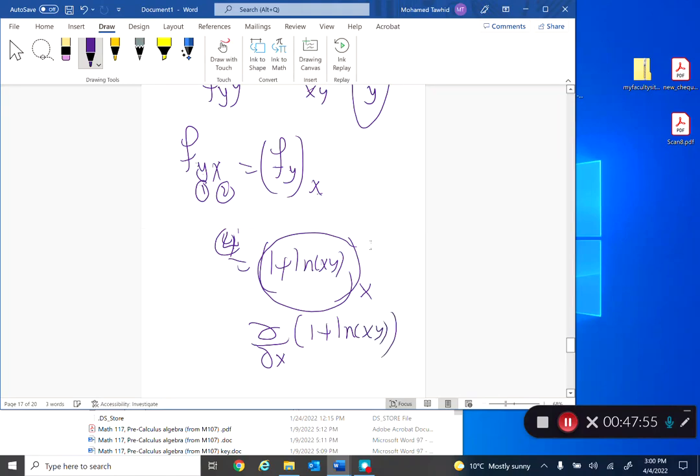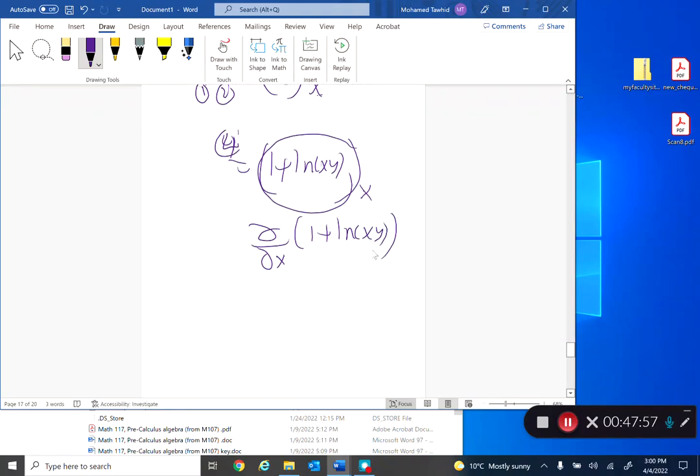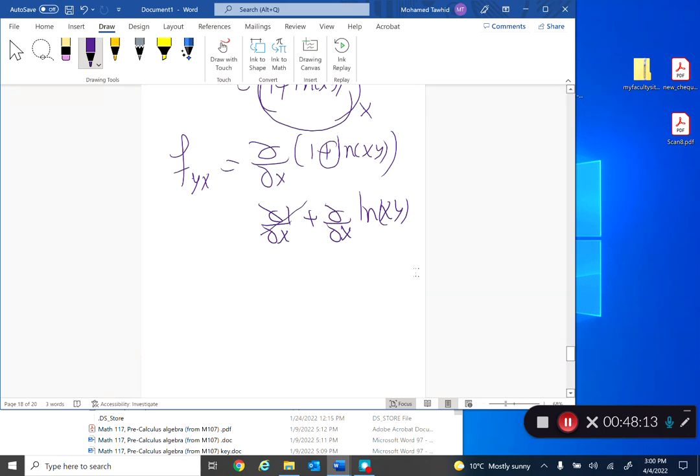So I'm taking the derivative with respect to x of 1 plus ln xy, like this, right? What do you have in the middle? A plus, and that is f_yx, right? So you take the derivative term by term: the derivative of 1, plus the derivative with respect to x of ln xy, like this. So that is 0, and here xy is your f, so it will be 1 over xy, times f prime, the derivative with respect to x.